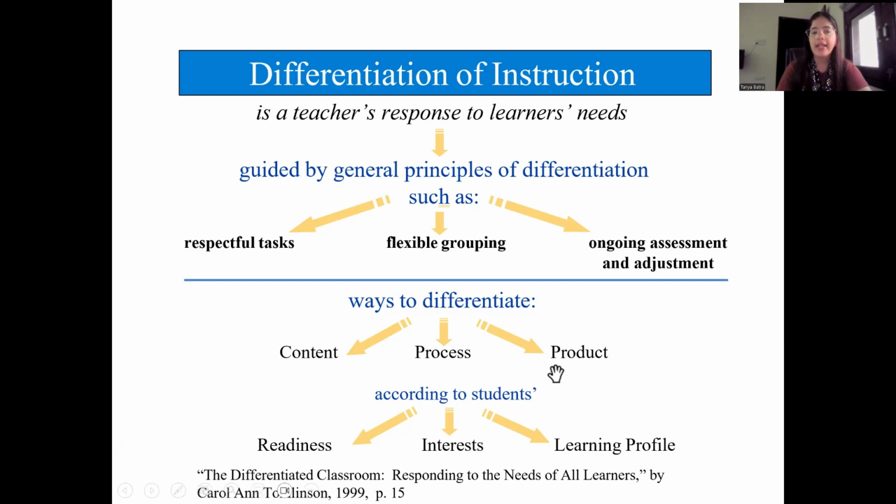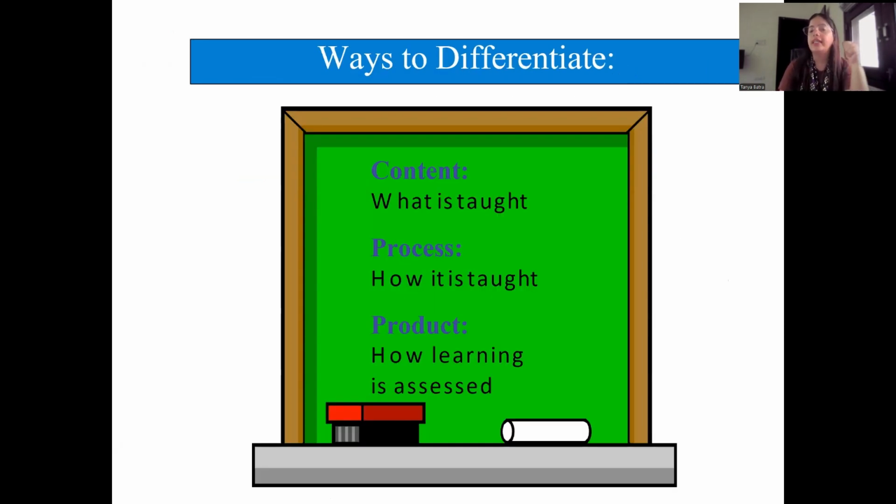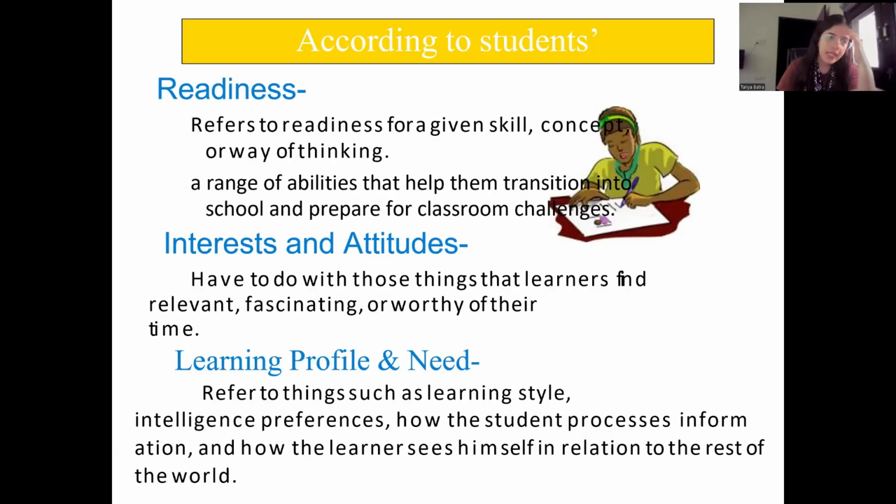Okay. Next, ways to differentiate: in the content, what is being taught, which material you are using; process, how it is taught; and product, how the learning is evaluated and assessed. According to students' readiness level, readiness refers to the readiness for a given skill. How much the child is ready for that topic, how much the child is ready for that grade level.